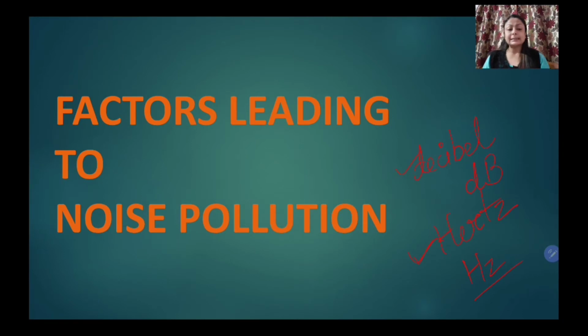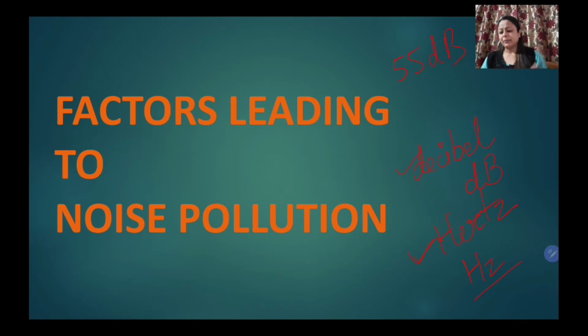Now, the quietest sound that the human ear can detect is 0 decibel, referred to as the threshold of hearing, and the safest limit is 55 decibel.